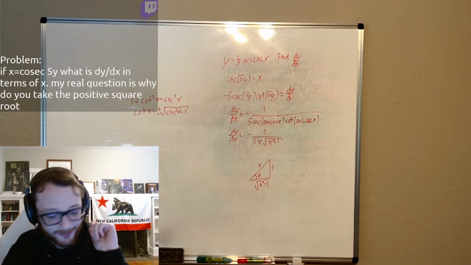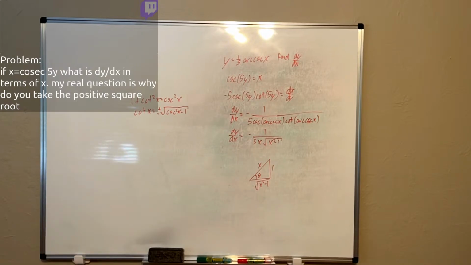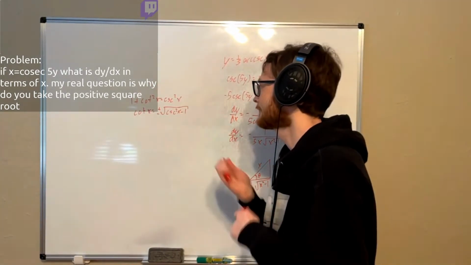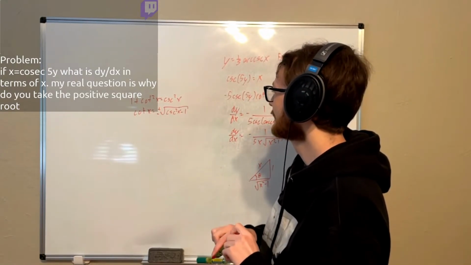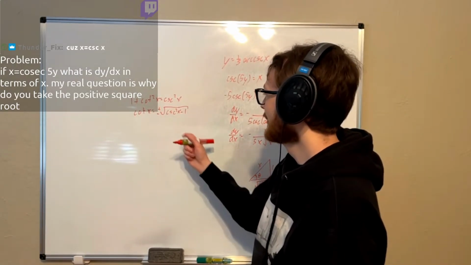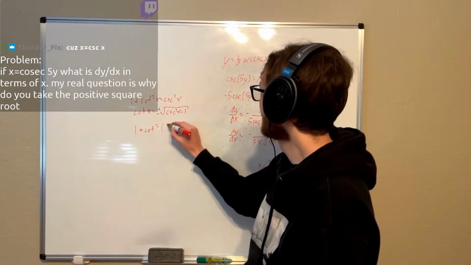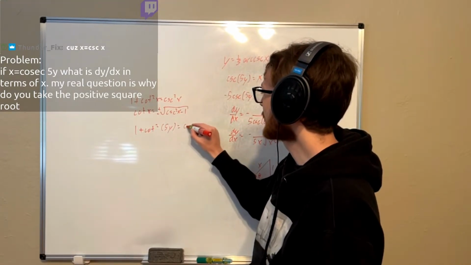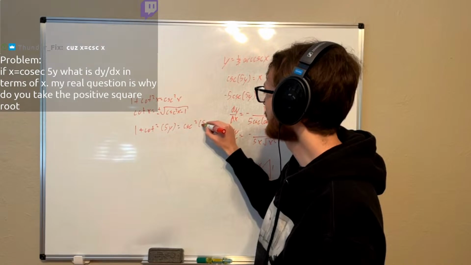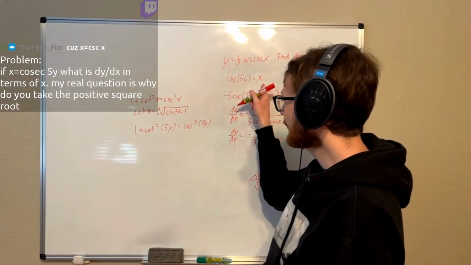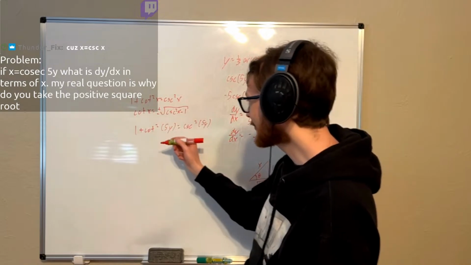I guess so. So if I said 1 plus cotangent squared 5y to match the problem, cosecant squared 5y. We do know that cosecant of 5y is equal to x, so cosecant squared of 5y is equal to x squared.